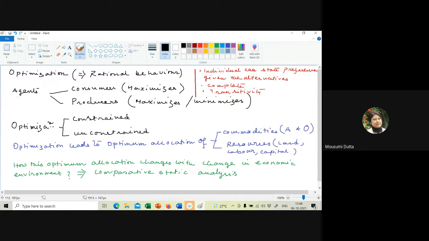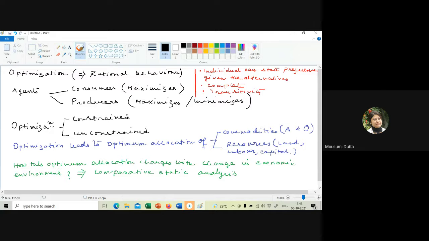Now, if I consider optimization as the beginning of microeconomics, naturally the two agents will optimize. For the consumers, what we generally find is they maximize their satisfaction. This satisfaction, if I use the term and terminology of economics, is called utility.